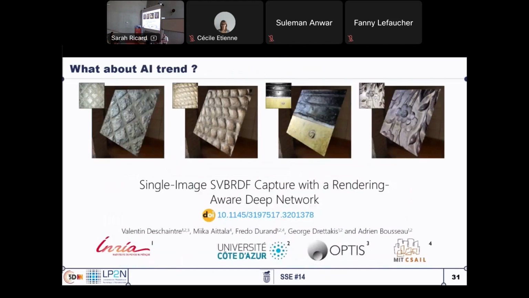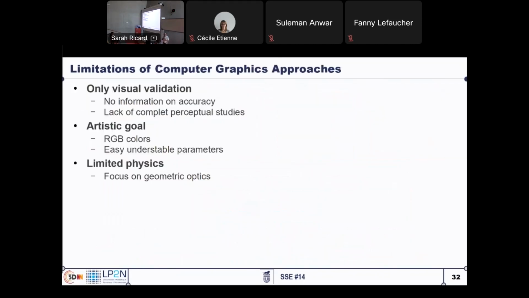The main problem of such an approach, as with the limitations of the graphics approaches we have just seen, is that there is only visual validation, no real information on accuracy, no methodology, and a lack of perceptual studies.